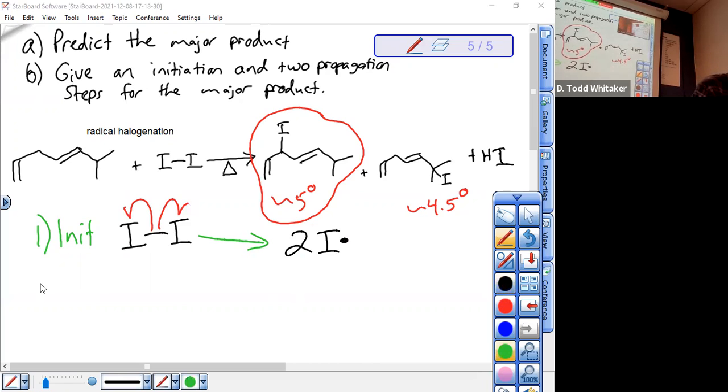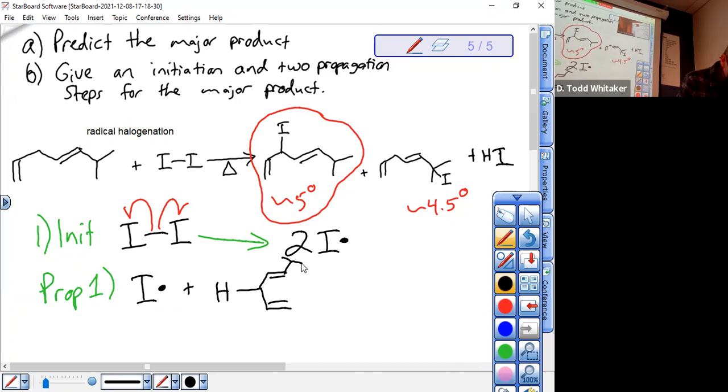Prop 1, take your iodine radical, react it with the hydrogen of interest. Is this one? Oh boy, there we go.